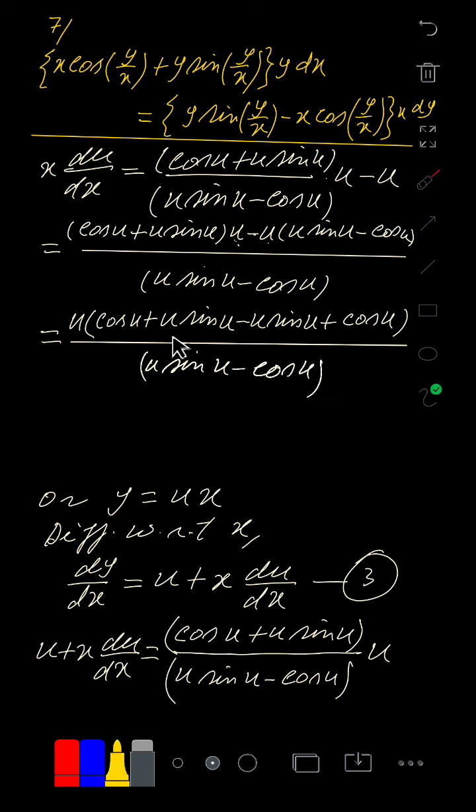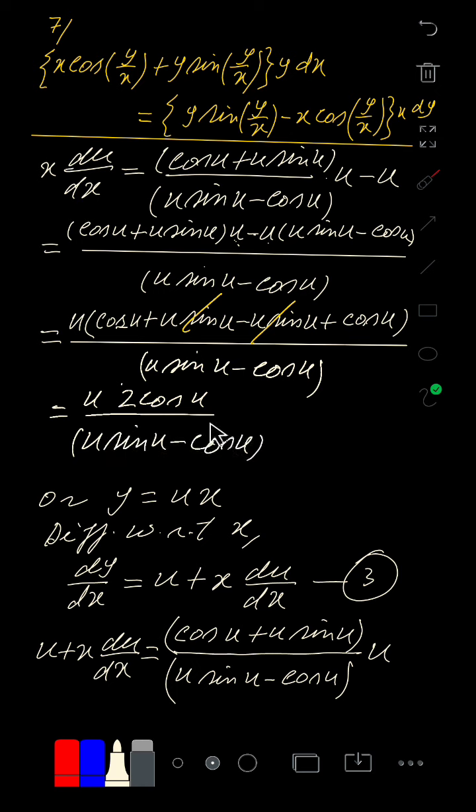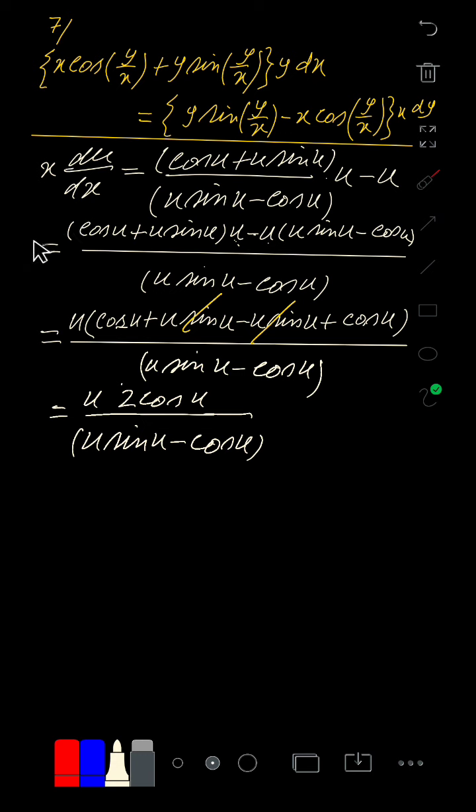As you see, u sin u positive and u sin u negative will be cancelled with each other. So we are left with u, and cos u plus cos u becomes 2 cos u divided by u sin u minus cos u. Now on the left hand side we have x du upon dx, and on the right hand side we have 2u cos u upon u sin u minus cos u.